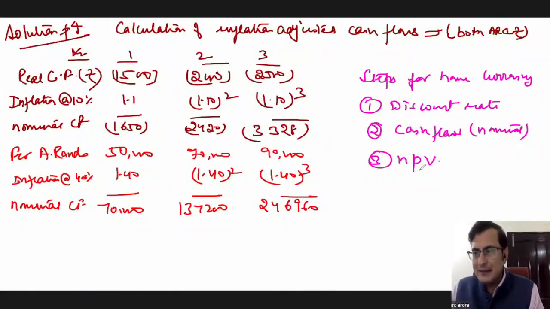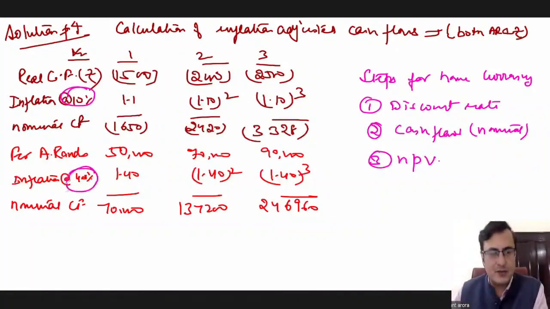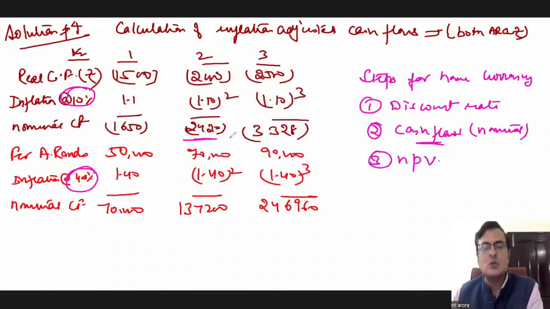Now what we need in this is the forward rate. Since we have the inflations with us, 10% over here, 40% over here, can't we get the forward rates? Yes, sir. Forward rates, why? Because these cash flows need to be converted according to the currency. Clear? Yes.